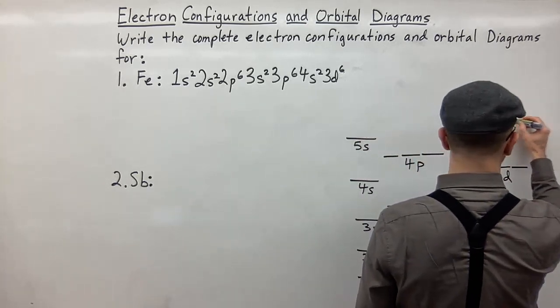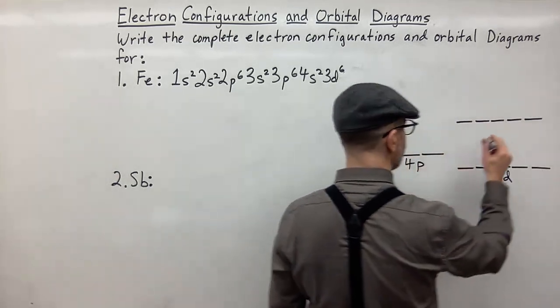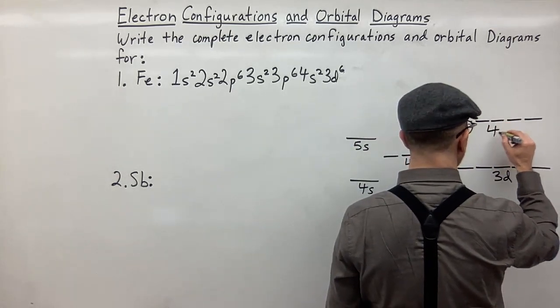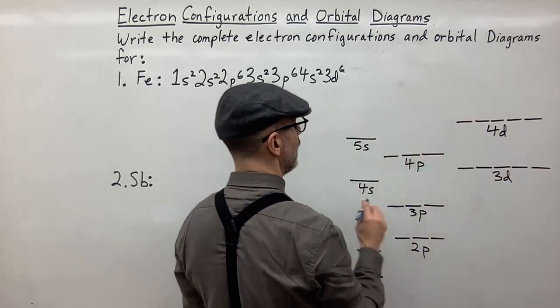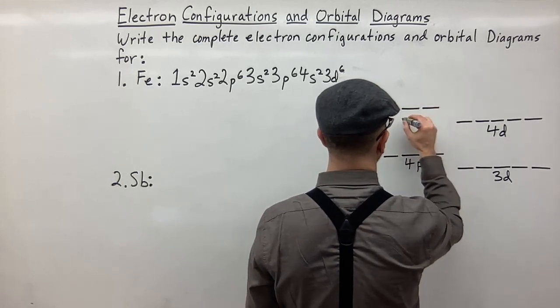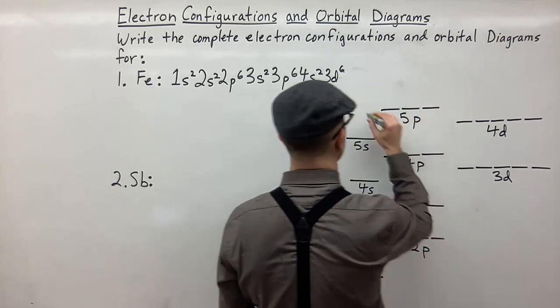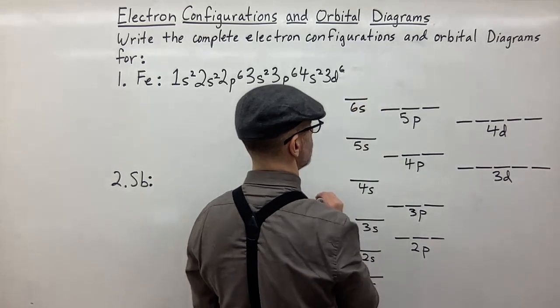That's where I messed up last time. I went from 5s to 5d. That should be 4d, sorry, 4d. And then we go to 5p, 1, 2, 3, 5p, and then we have 6s.